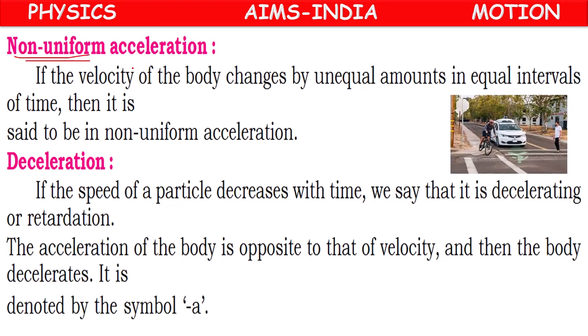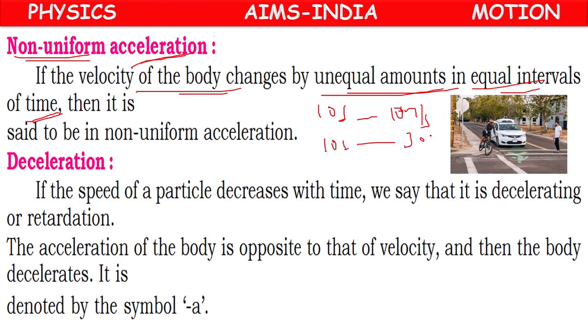So next, non-uniform acceleration means the velocity of the body changes by unequal amounts in equal intervals of time. Means in 10 seconds velocity changed 10 meter per second. Next 10 seconds velocity changed 30 meter per second. Next 10 seconds velocity changed only 10 meter per second.